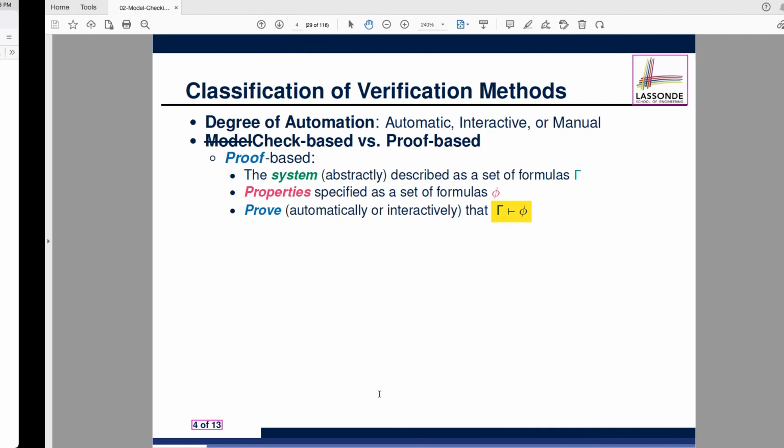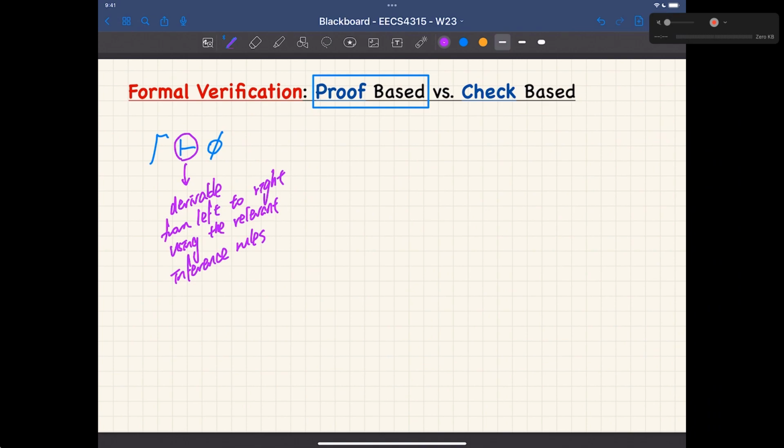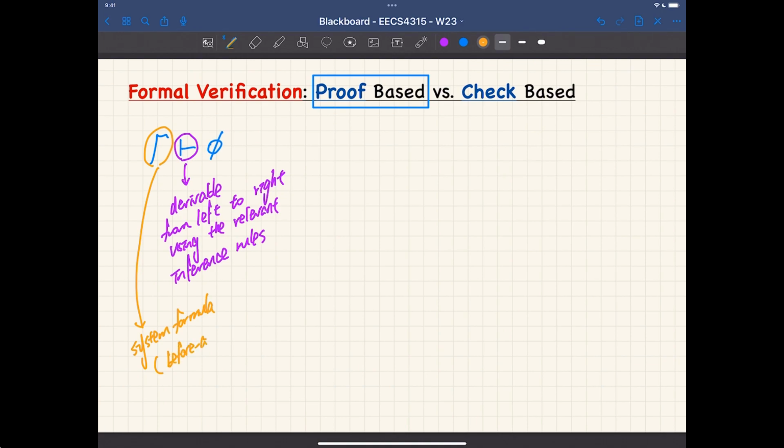Let me write it down. So this one here is the system formula, based on the before-after predicates of actions, and things like guards of the events, and also invariants, etc. Everything can be combined together into a very large predicate, right?